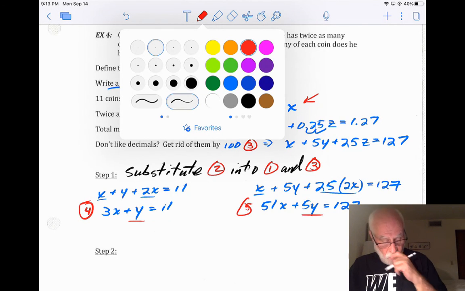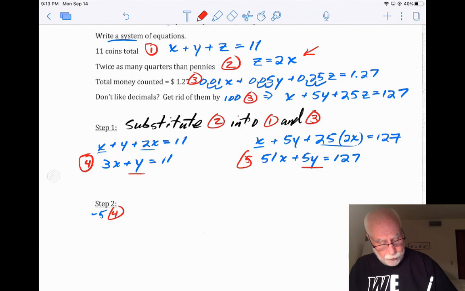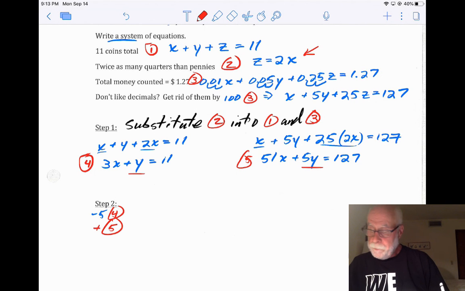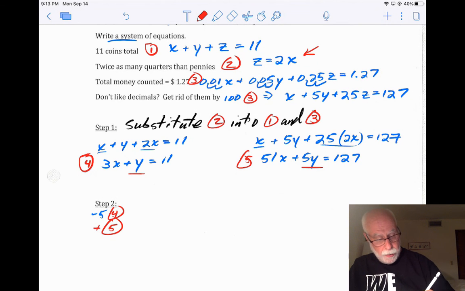So the y will go away. So I'm going to take -5 times 4, and I'm going to add it to 5. Okay. So let me go ahead and I'll work it out for you this time.